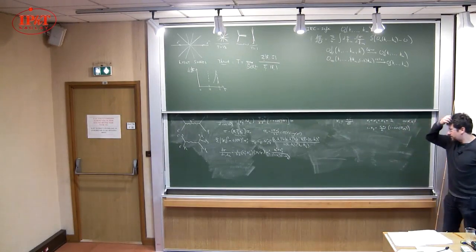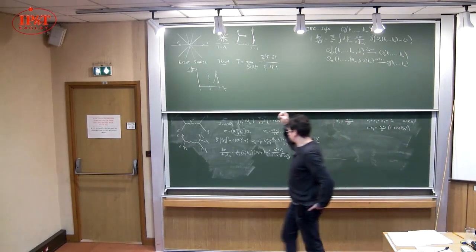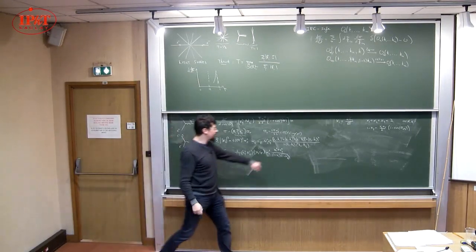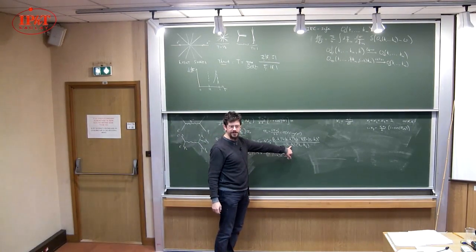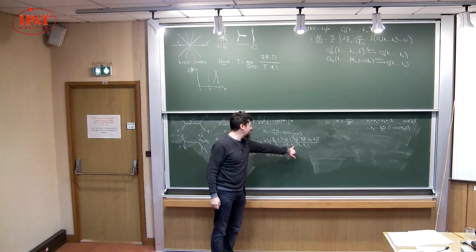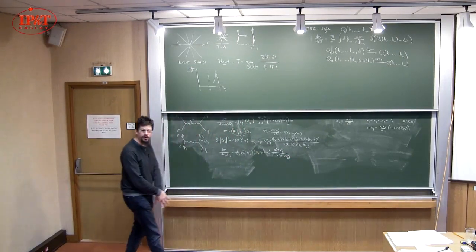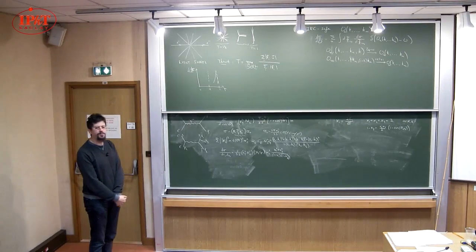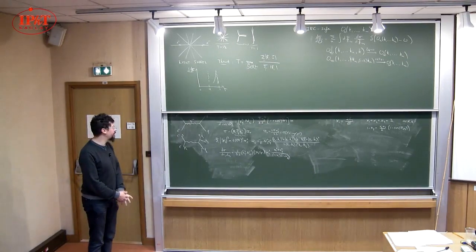The second limit is, again, if, say, K3, the gluon here, becomes collinear with K1, this dot product here blows up as well. So this is the collinear limit. K1.K3 is E1 E3 times 1 minus cos theta 1,3. So again, the amplitude blows up in both the soft and the collinear limit.